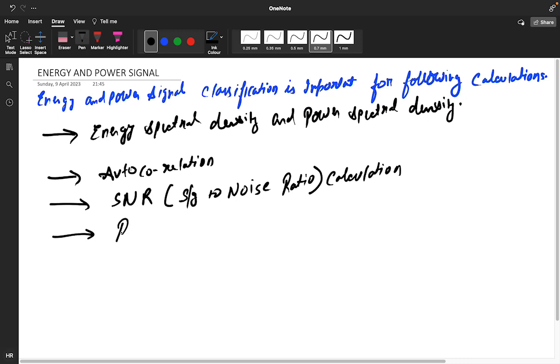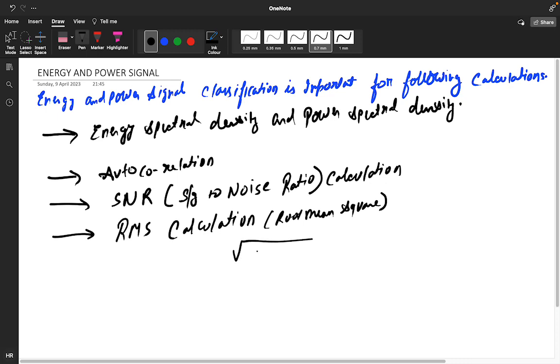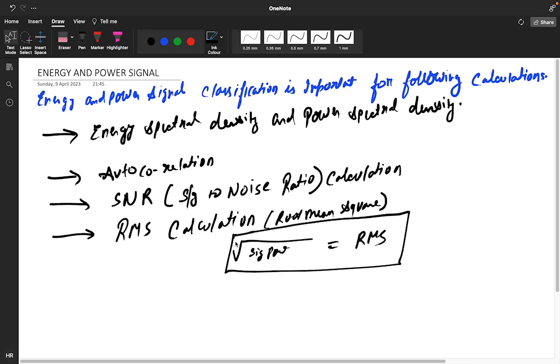RMS means root mean square. If you will do the root of the power signal, you will get RMS value. We'll see in the problem.